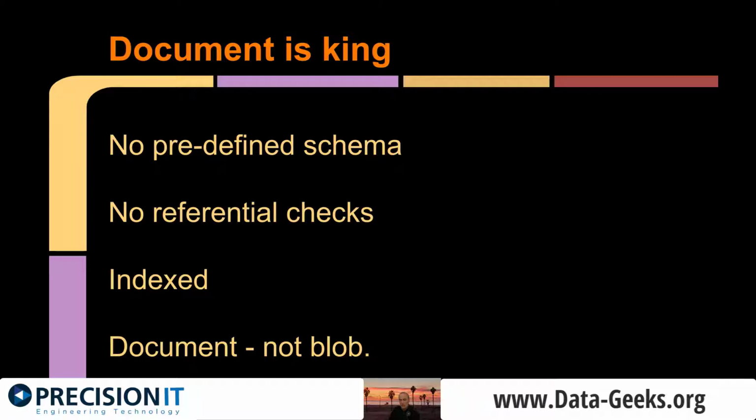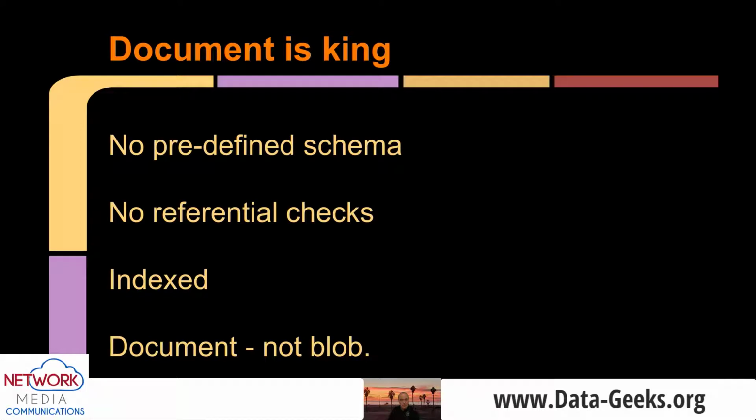It doesn't support this notion. But it does support indexing, things we're used to from relational databases. You can have indexes. They are the main way to speed up performance: you create indexes to support your common queries.